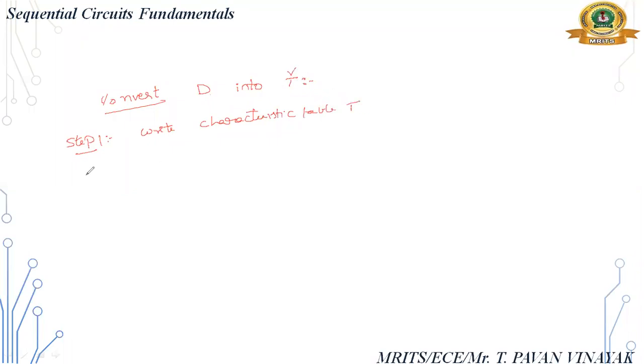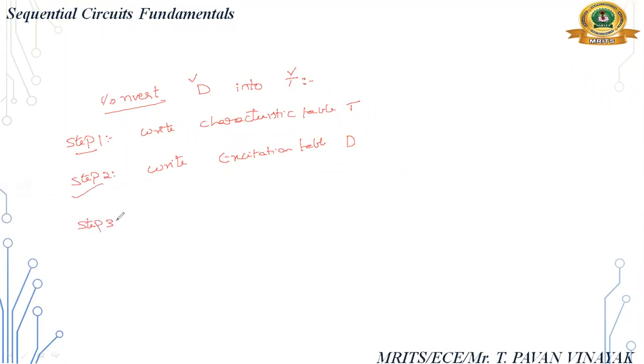Characteristic table of T. Step 2, write the excitation table of D. This is the second step.